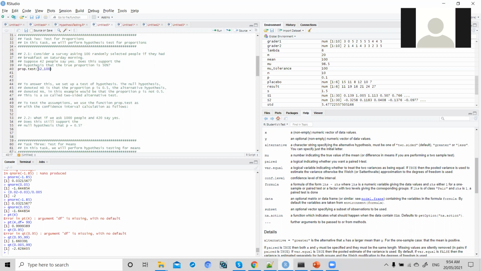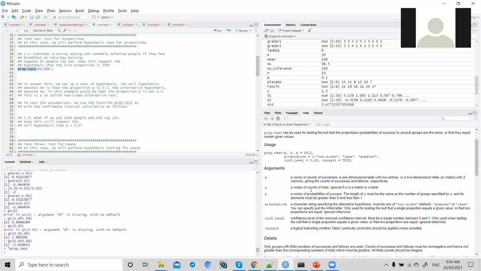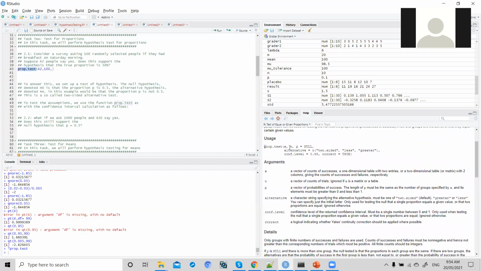Even if you type question mark and prop.test, you will have the definition of what prop.test means. Here x will be your number of people who said yes, n will be the total number, which is 100, and p will be your given proportion.